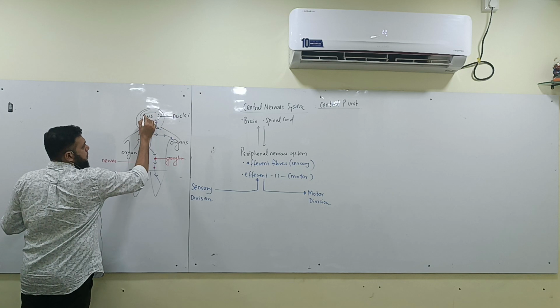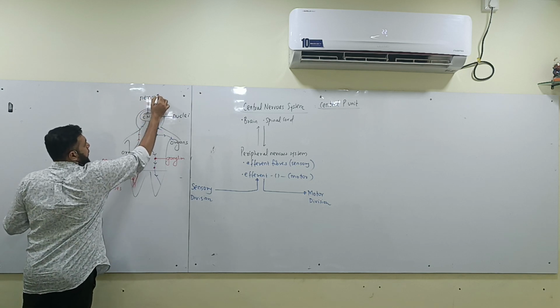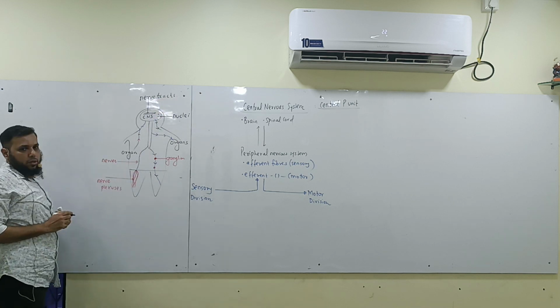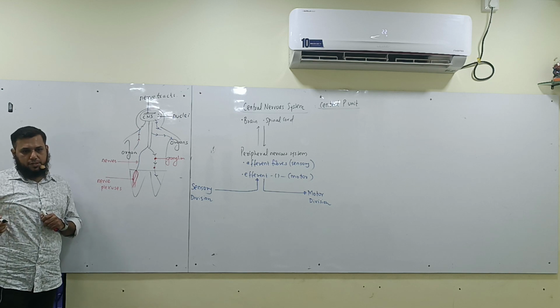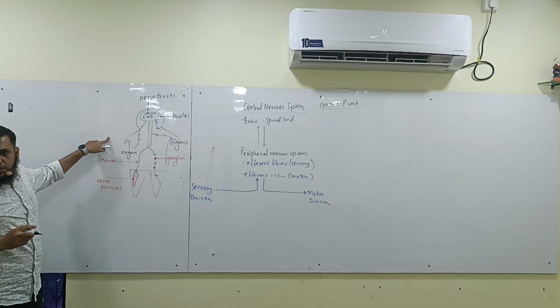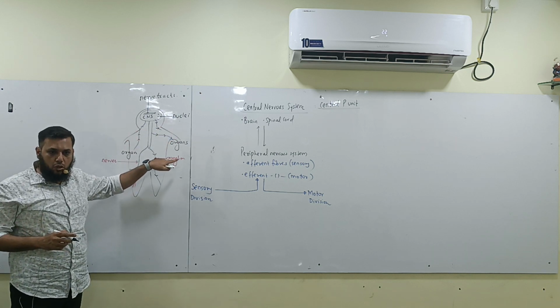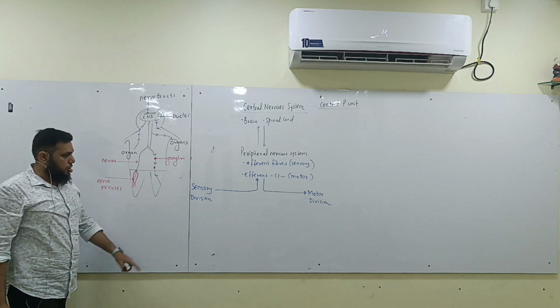Similarly, nerves within the CNS are called nerve tracts. Okay? What are nerves within the CNS called? Nerve tracts. Did you get my point? Yes. What are the collection of cytons in the CNS called? And collection of cytons outside the CNS is called? Ganglion.